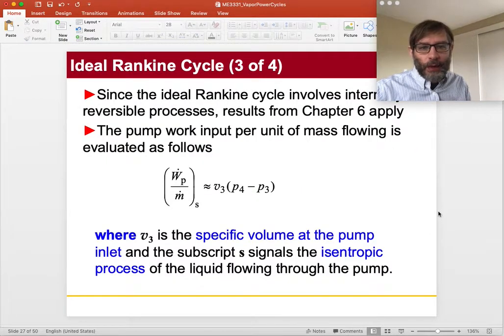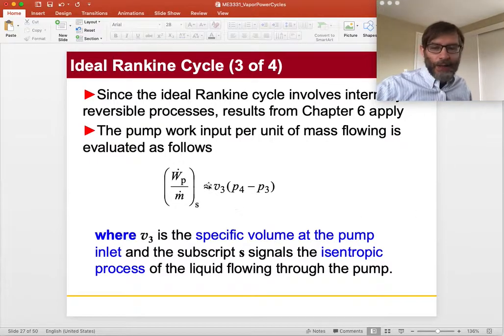Since the ideal Rankine cycle involves internally reversible processes, we can look at chapter 6 as a way to solve this. When we said we had reversible work from a pump or turbine, we could use integral v dP, only when we have reversible processes. So when we have a reversible pump, it's integral v dP.